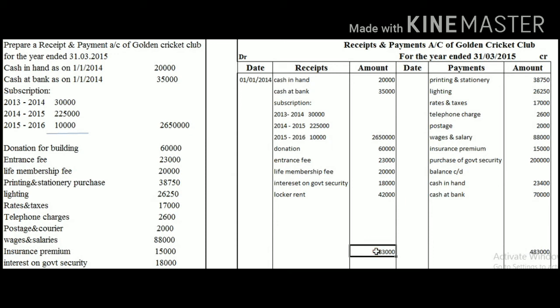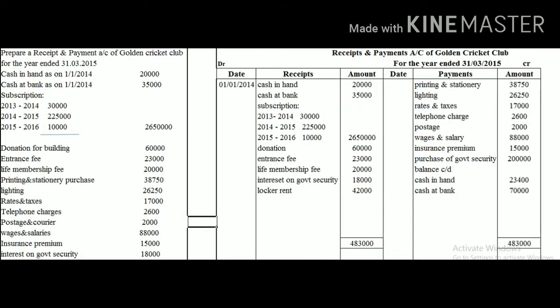There is no excess of cash. So we are almost completing this question, and here the debit side and credit side are equal, 4,83,000. Both sides tally with the amount 4,83,000.